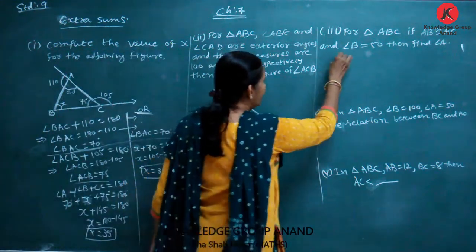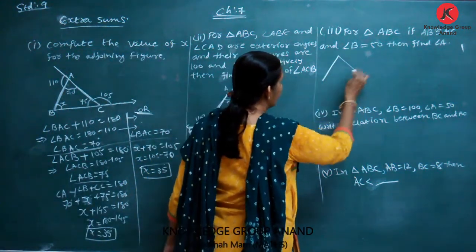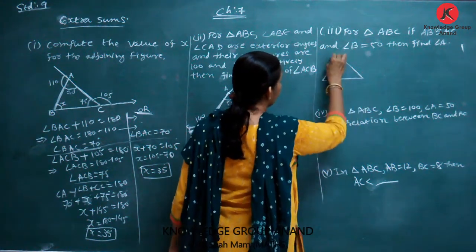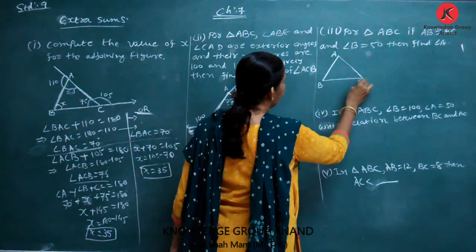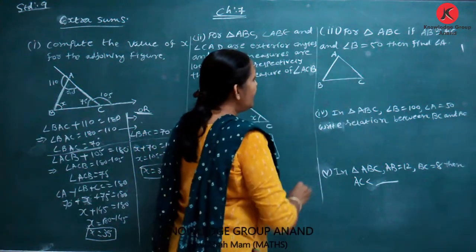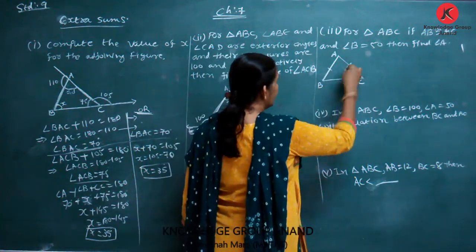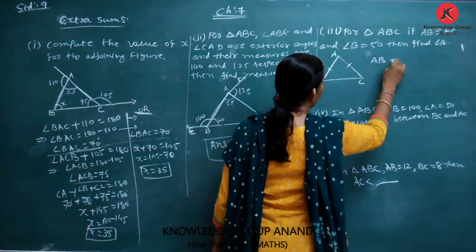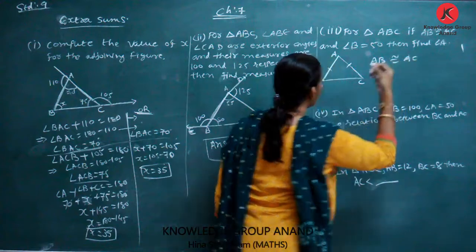In triangle ABC, I will draw it. AB is congruent to AC.